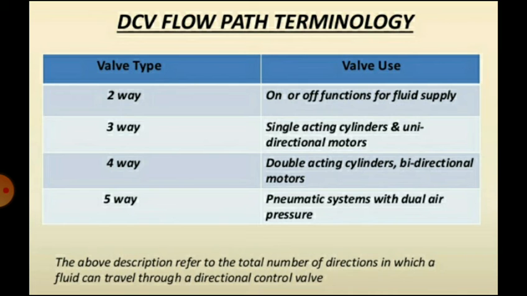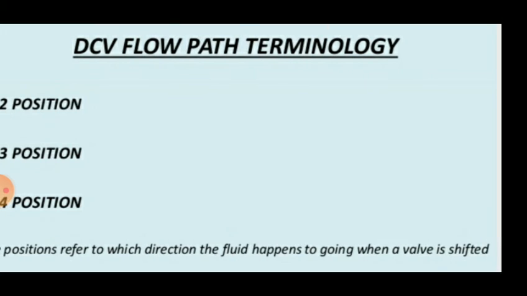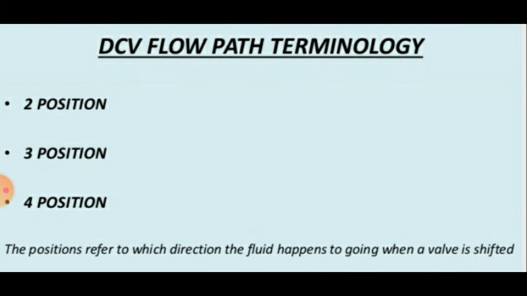And five-way valve is useful in pneumatic systems with dual air pressure. So DCV flow path terminology is classified as 2 position, 3 position and 4 position. The positions refer to which direction the fluid is going when a valve is shifted.